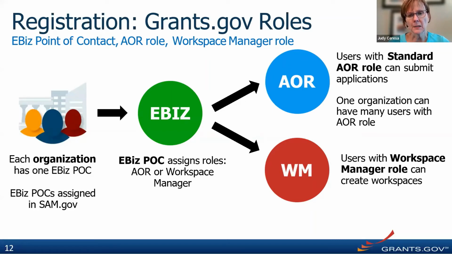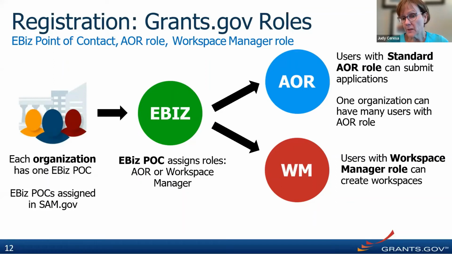In some cases, there's only one person or two people in a small organization. I know of small organizations where that person has an EBiz account as well as an applicant account or workspace manager account.